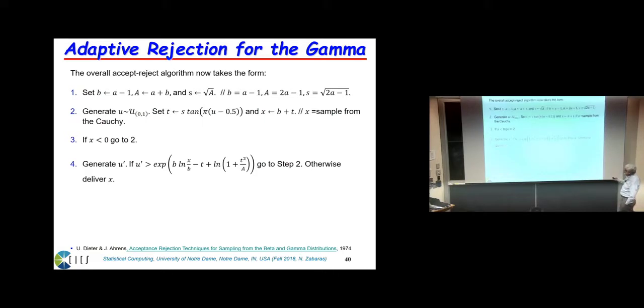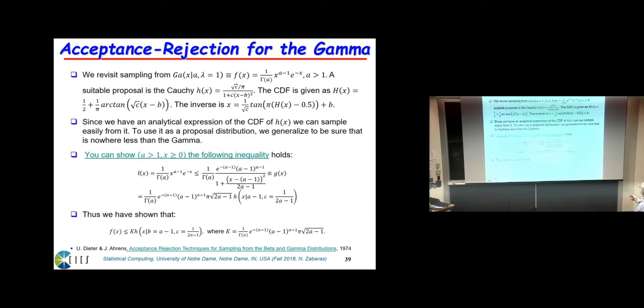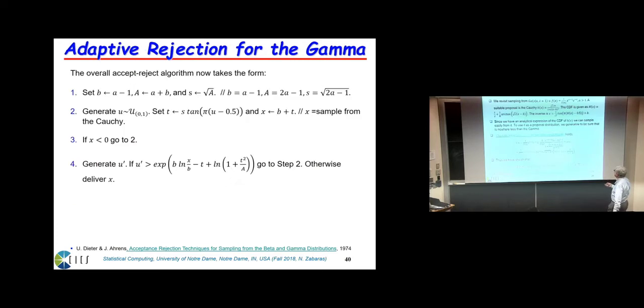I strongly suggest that you read this algorithm to convince yourselves that it's really the accept-reject algorithm, because obviously you need to be able to do this sampling from the Cauchy distribution, and then you need to have a calculation of accept or reject. So you need to introduce the probability. So on this step here is the sample from the Cauchy, okay? And here is basically the acceptance or not, and that's the algorithm.